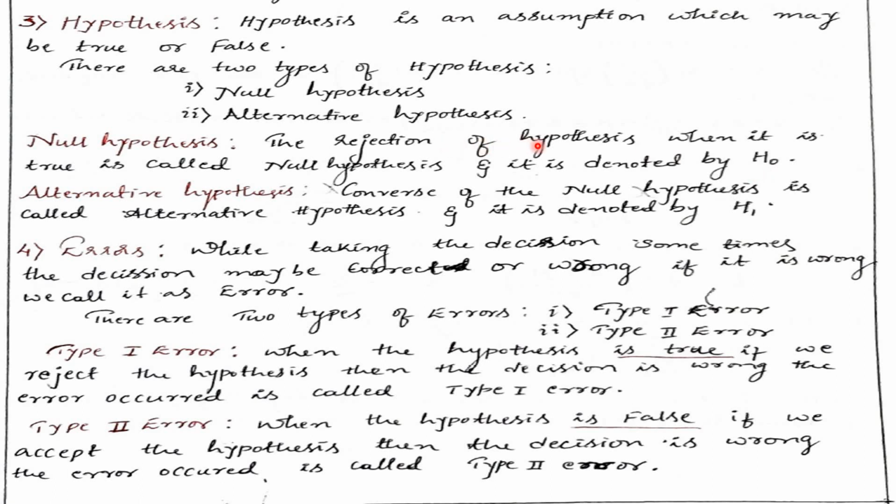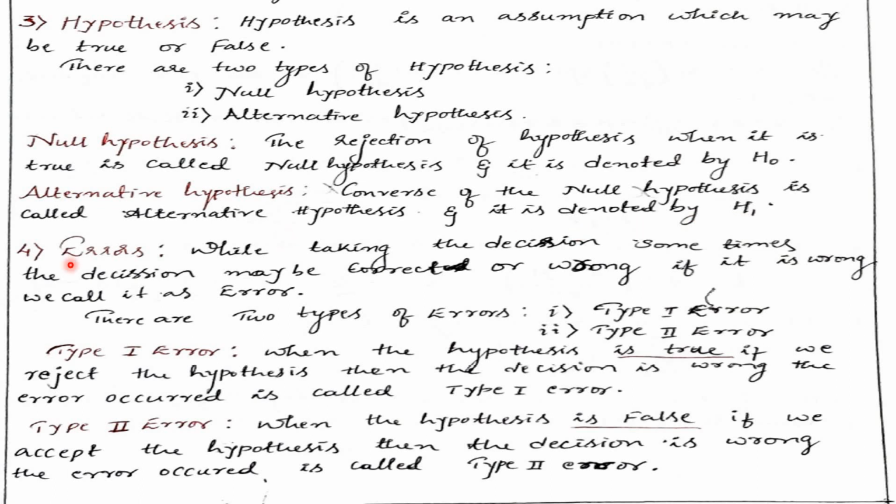In case of alternative hypothesis, the converse of null hypothesis is called alternative hypothesis, and it is denoted by H1.